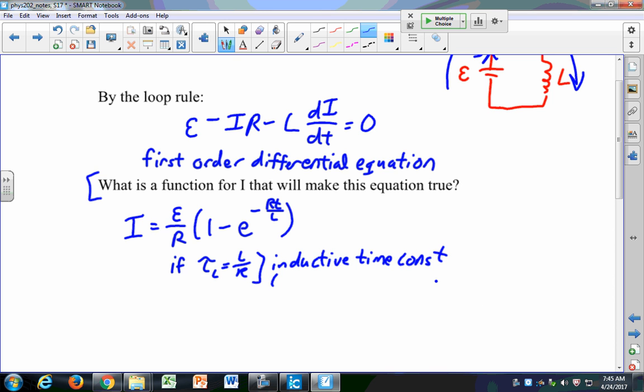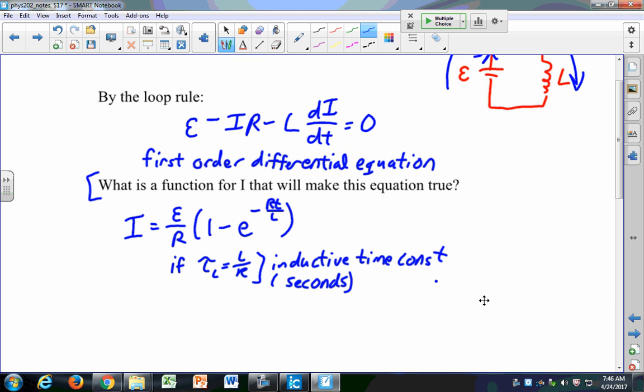Just like we saw for RC circuits, it's in units of seconds. All the same stuff that we saw for RC circuits applies, that it is 1/10 of the total time to charge our circuit for our current to reach its maximum value.